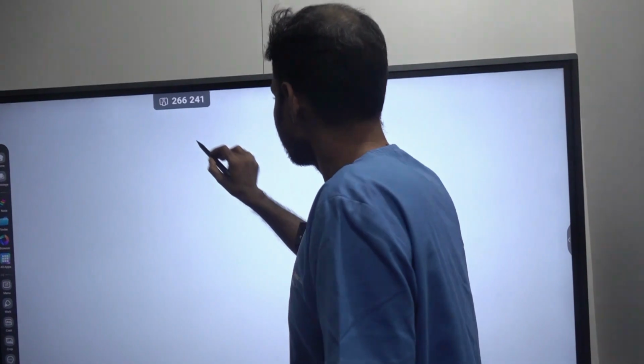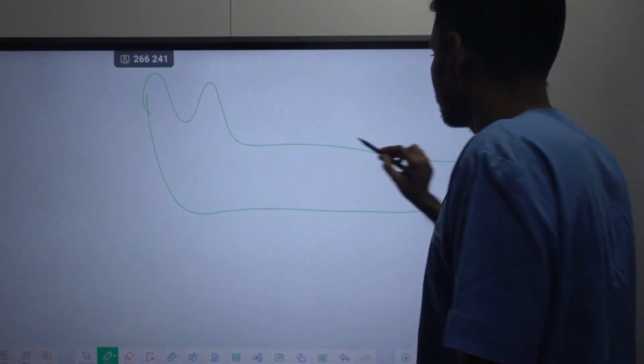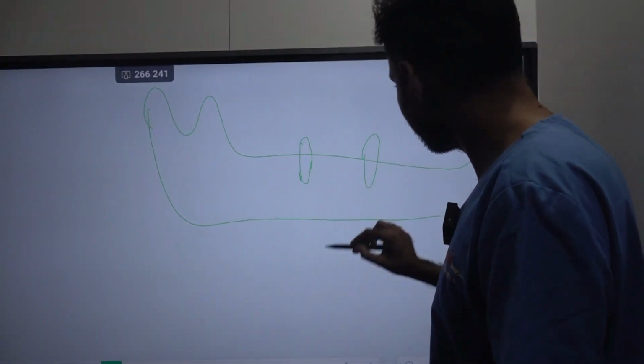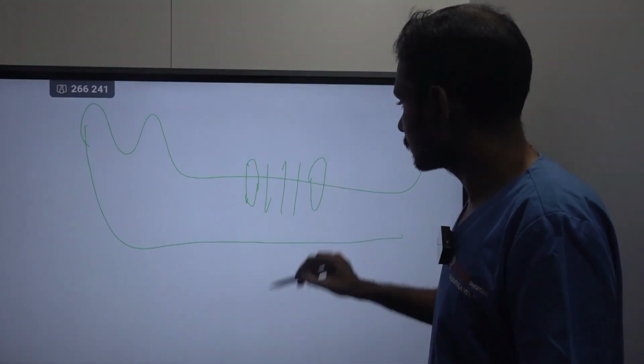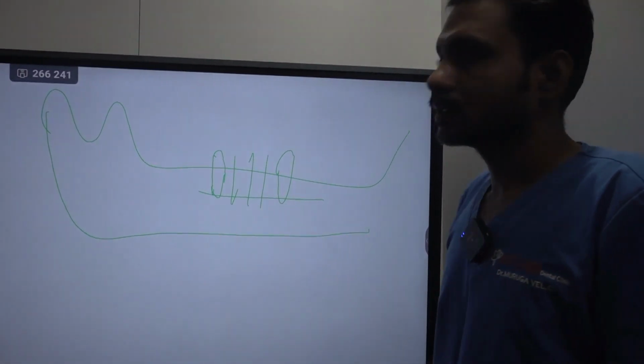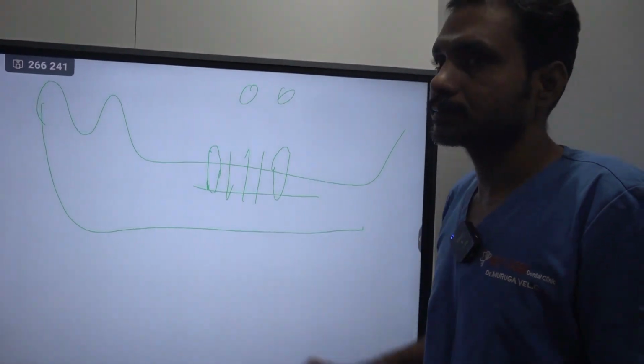Okay, so we are seeing this is canine, this is canine. You will see you can place 3 implants. But actually if you see the axial section view here, you can only place 2 implants.